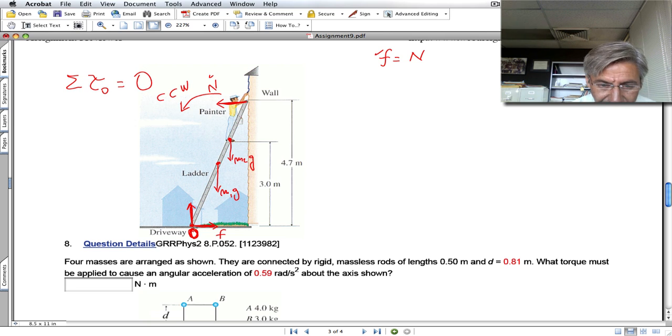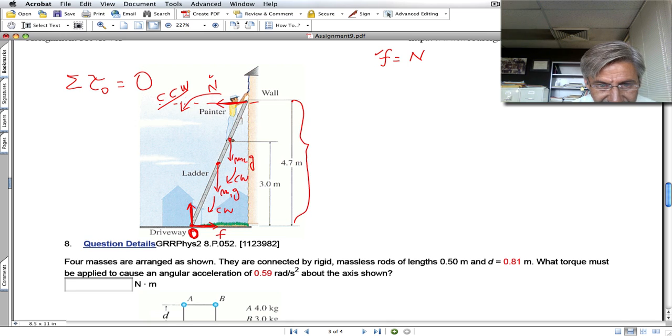These ones around this point tend to go in this direction, so both of these are clockwise. So this torque is equal to the sum of these two. And for this one, the lever arm is just this distance that is given here.